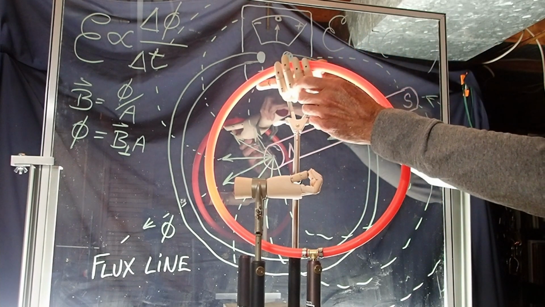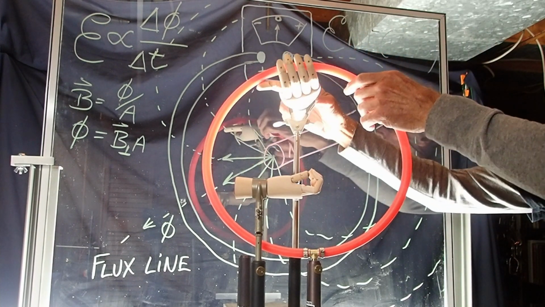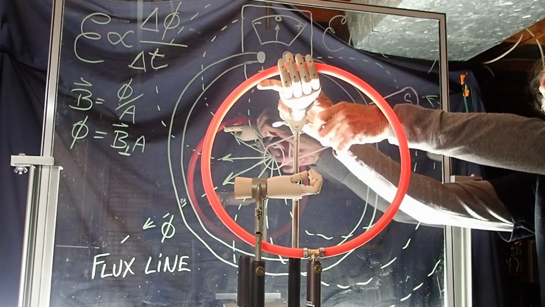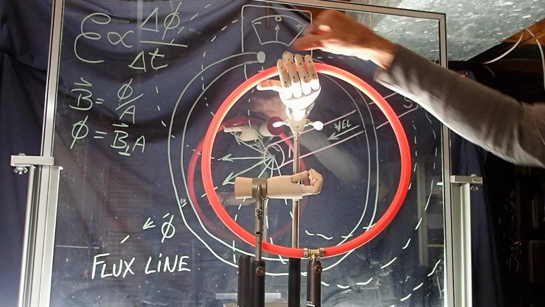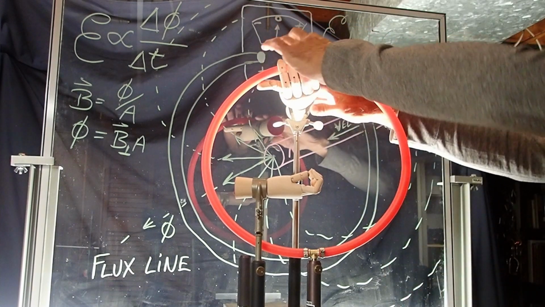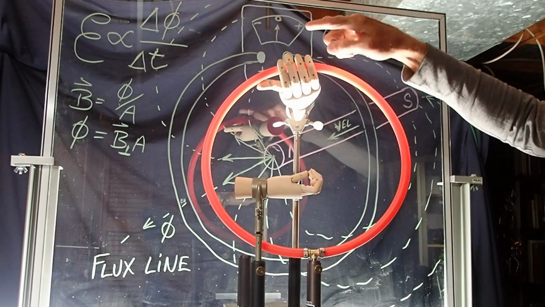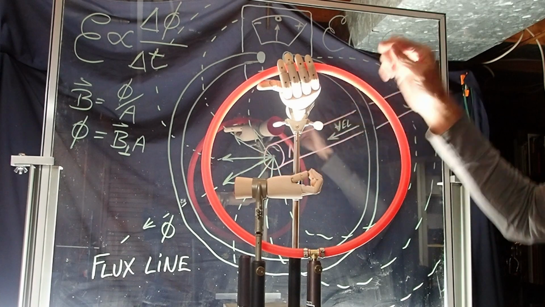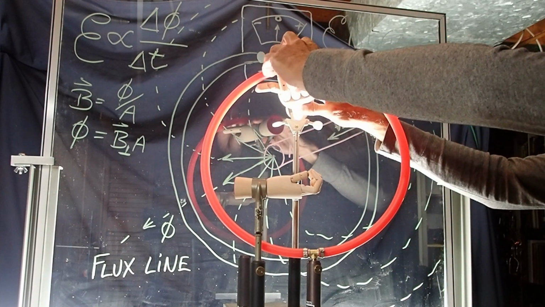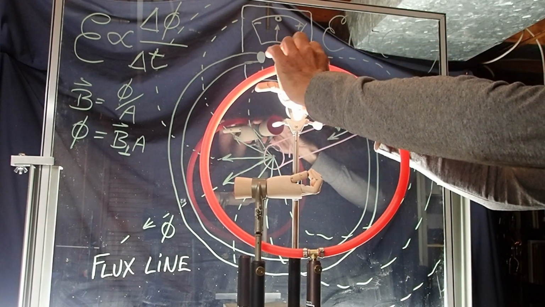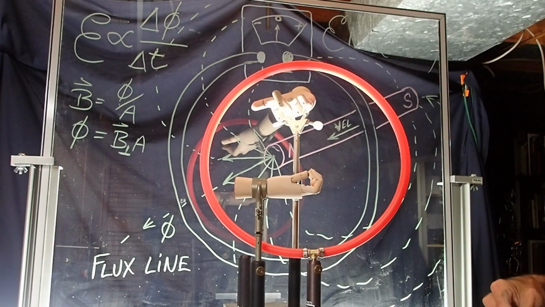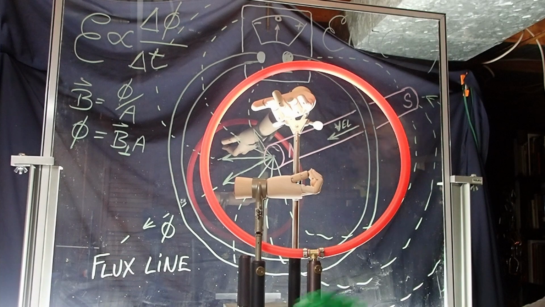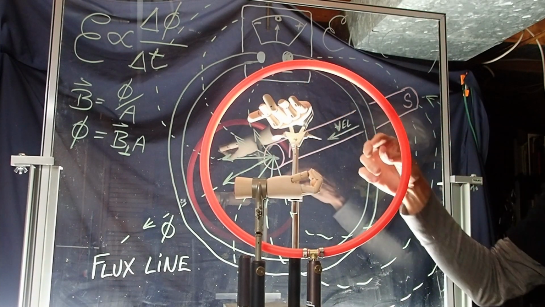And so let's put this right hand here in place, and what's this saying? This is saying that the current going this way is going to produce a field that wraps from the inside out. But the flux lines inside the coil are pointing towards you, towards the camera.